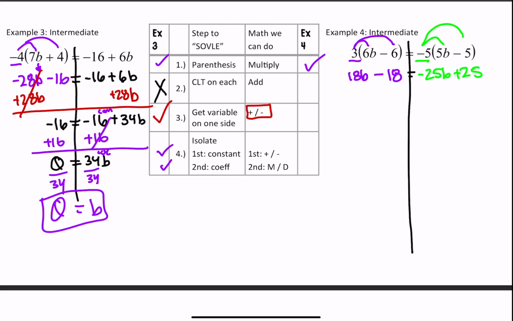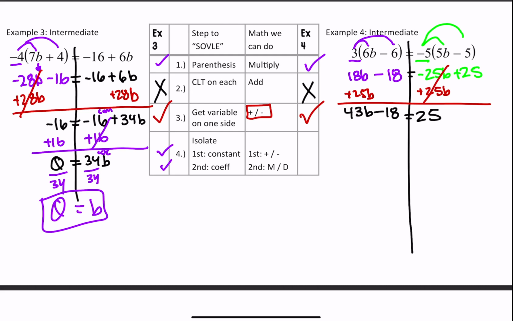The purple or the green side don't have like terms, but we do have to get the variable b onto one side. So I'm going to add this 25b to both sides. Again, it doesn't matter which variable piece you move, as long as you do it correctly. This leaves us with 25 on the right side. On the left side, we have remaining 18b plus 25b is a 43b, and then minus 18.